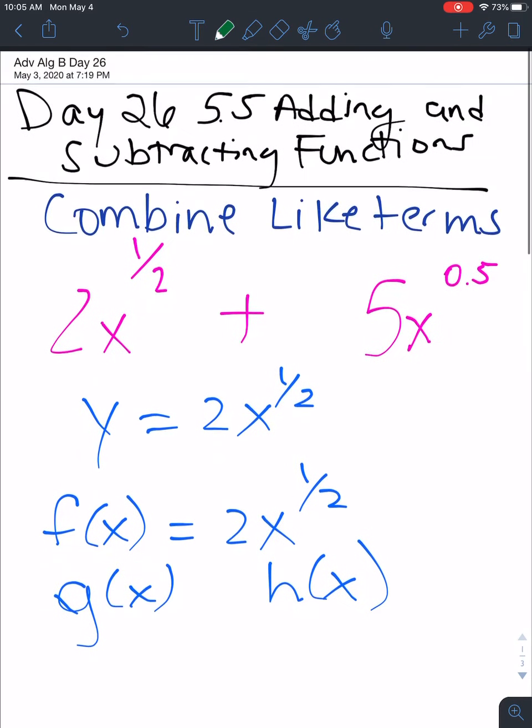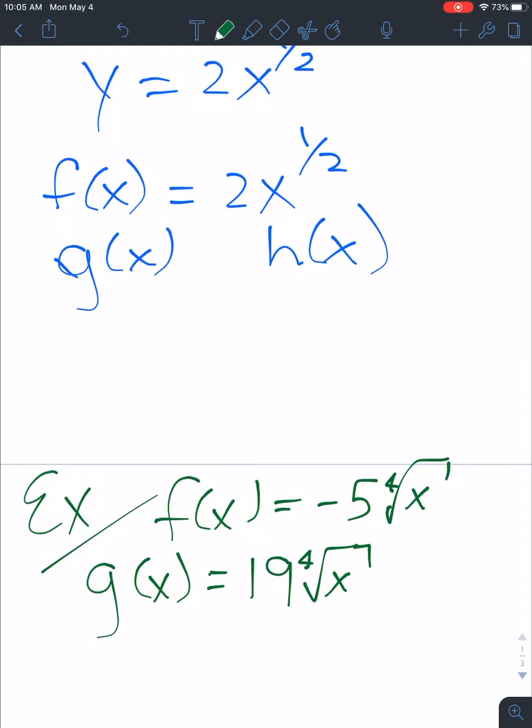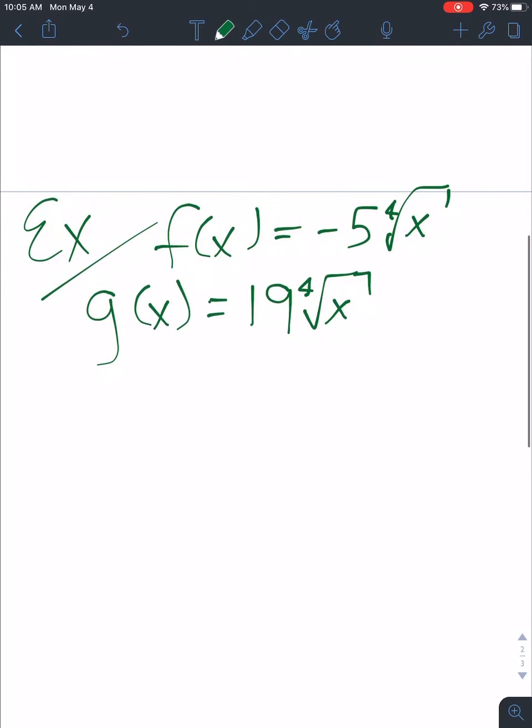Earlier I said you have to combine like terms, and in order to be like, they have to have the same exponent. Well, these don't have exponents, do they? But remember, anytime you're working with a radical or any root, you can always treat that like an exponent. If you really wanted to, you could turn this into an x to the 1/4 if that makes you more comfortable. But you just treat them like an exponent, and that's what I'm going to do here.